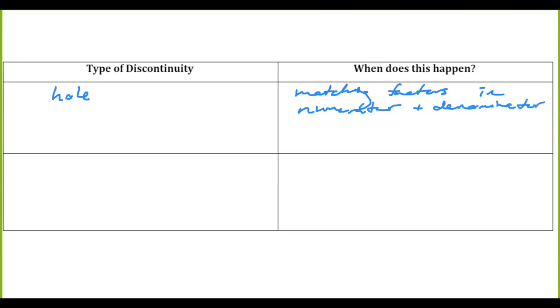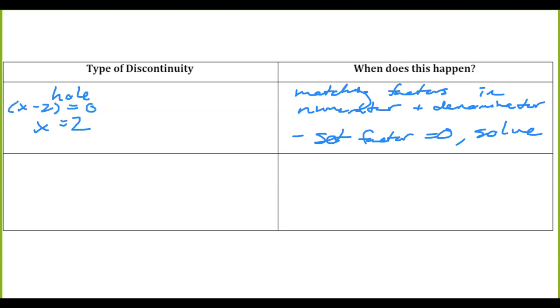This is where you would set the factor equal to 0 and solve. So for example, we have x equals 2 from our example above. Remember the factor we canceled out was x minus 2, in both the top and the bottom, and we set that equal to 0 and just simply solve using our basic algebra skills to get ourselves x equals 2 as the hole.